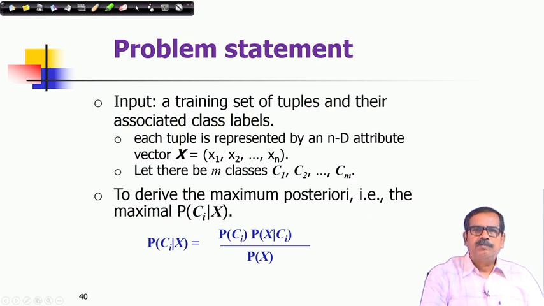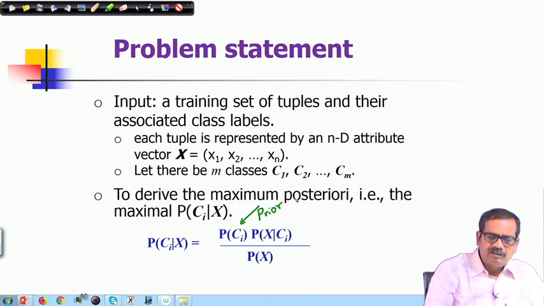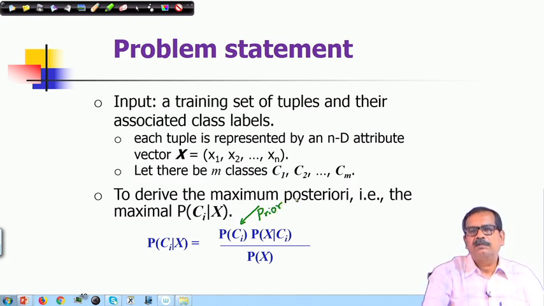So, we can compute this posterior probability using Bayes theorem, using the conditional probability rule, that you can compute the prior of class C I. So, this is the prior probability. Now, you can get this computation from the data itself. Some a priori information can be obtained from other knowledge from a different source.